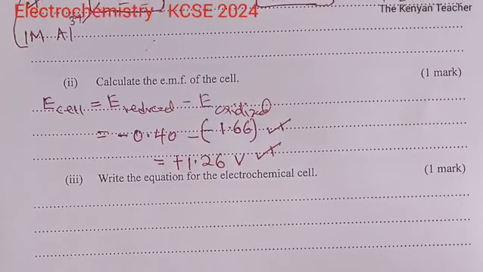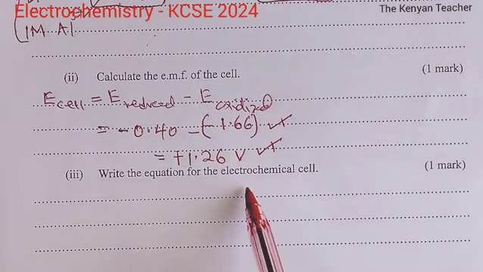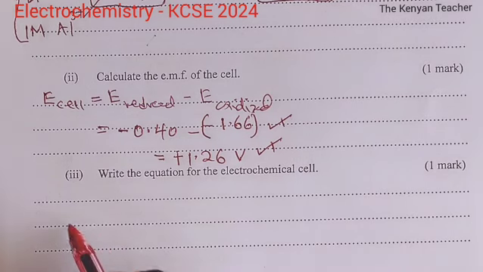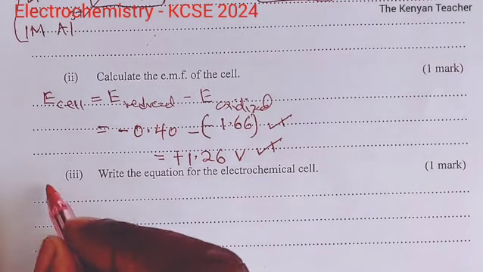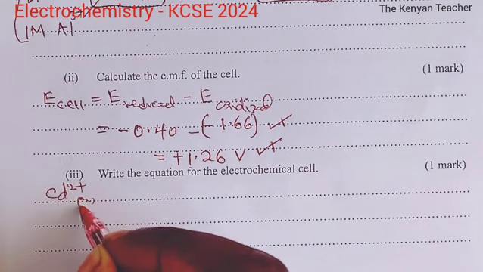is demanding that our students should write the equation for the electrochemical cell. And remember, we did a simplified video on how to do this, but for purposes of this video, we shall repeat. And we remember telling you that the first thing you do is to consider the 2 half cells again.